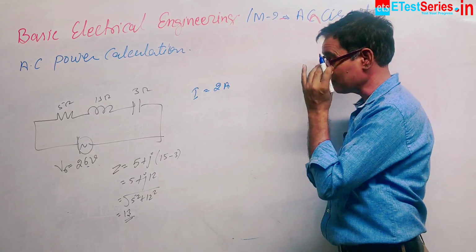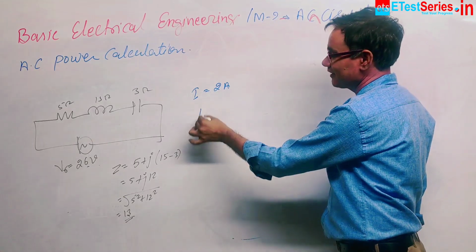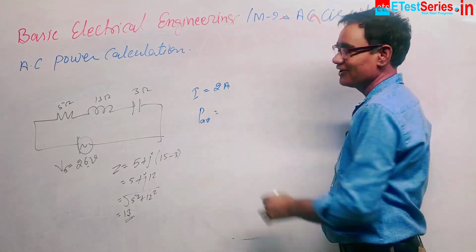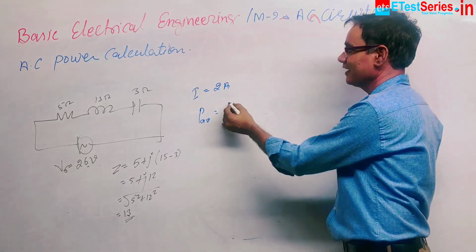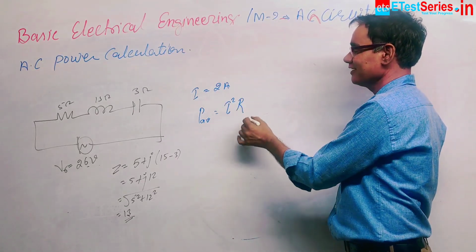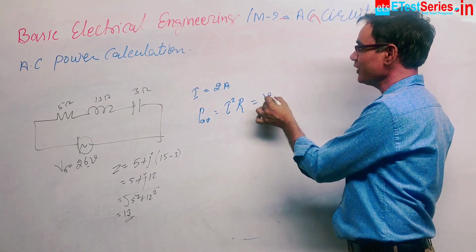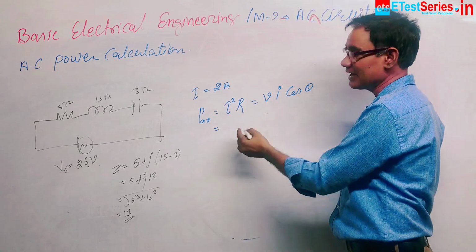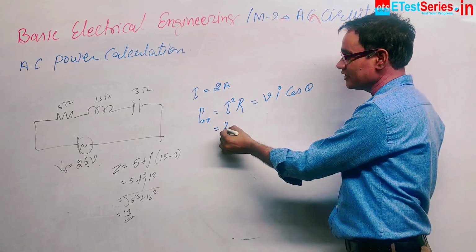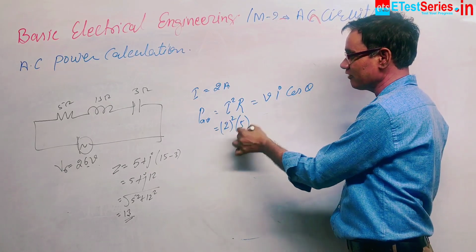Current in the circuit is 2 ampere. So the real power, the average power, the resistance consumes the real power, that is I squared R, or it is equal to V into I into cos phi. Both give the same value, we are calculating separately. So I squared R: I is equal to 2, squared, R is equal to 5.